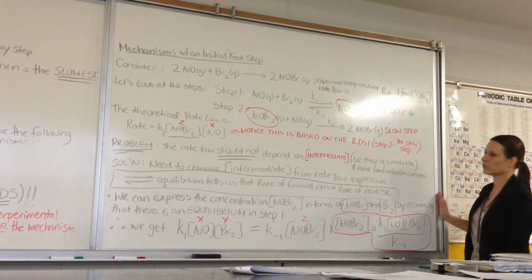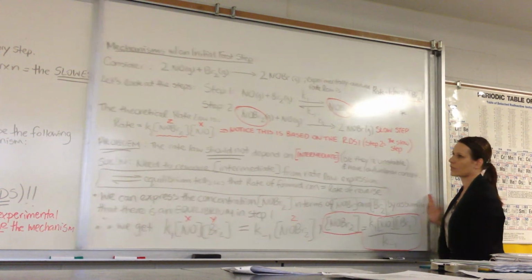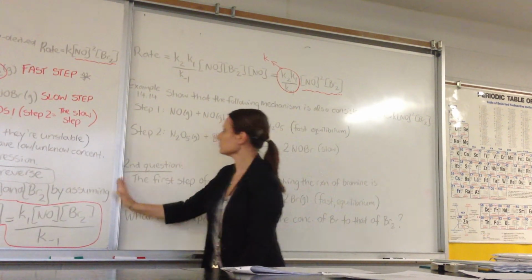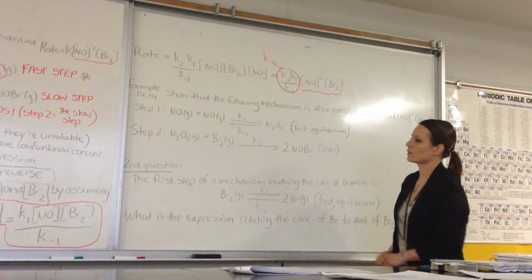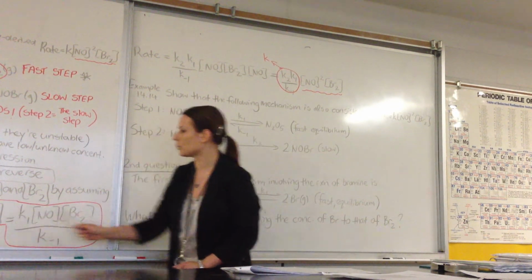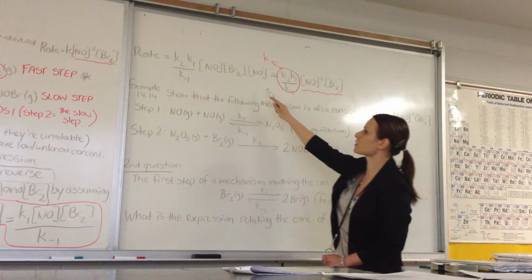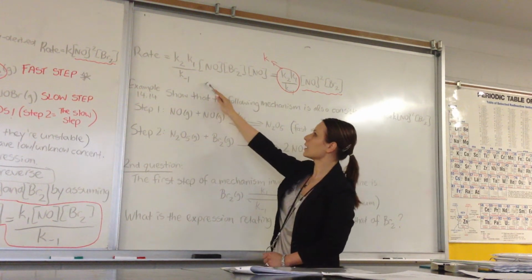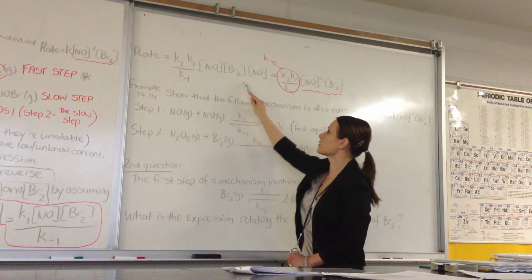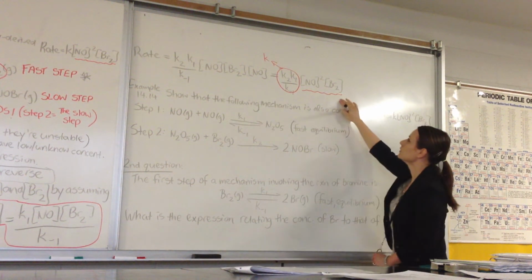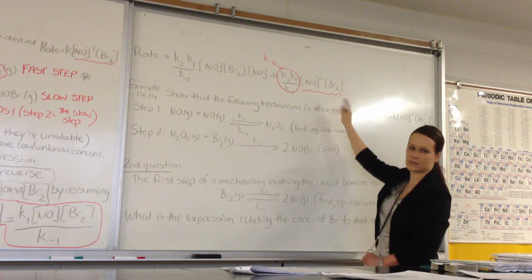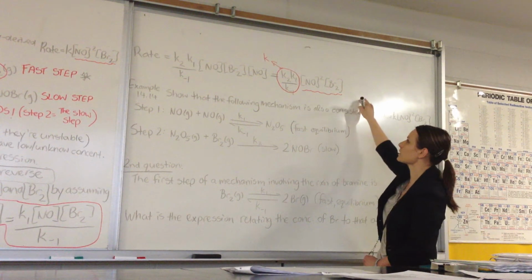So I'm going to move the board over. Which is exactly what we did here. Notice that we substituted NOBr2 into our expression. So we end up getting k2 times k1 divided by k negative 1. Substituting all the values in gives us a rate law expression that is consistent with what was given to us in the question.